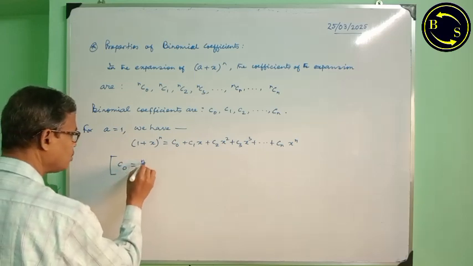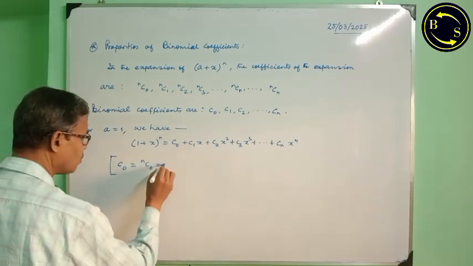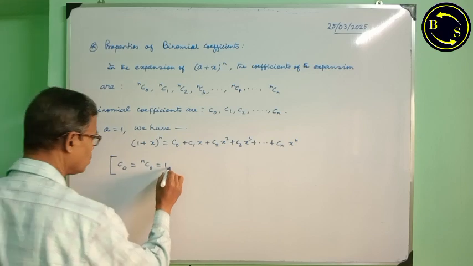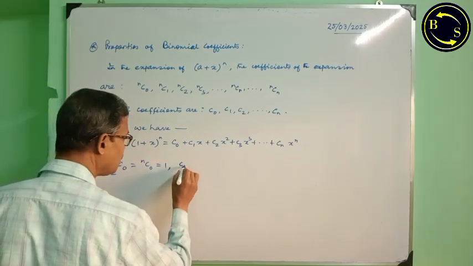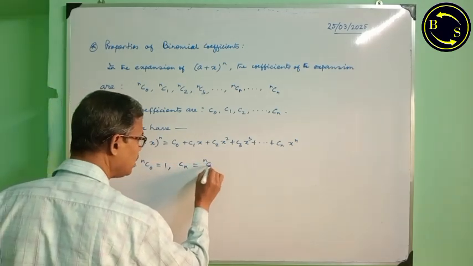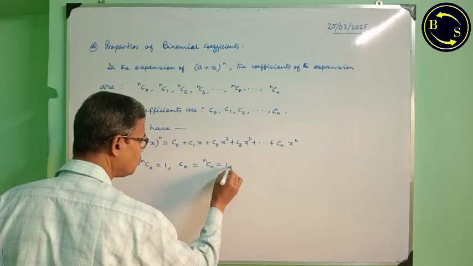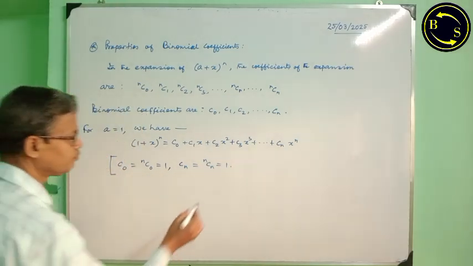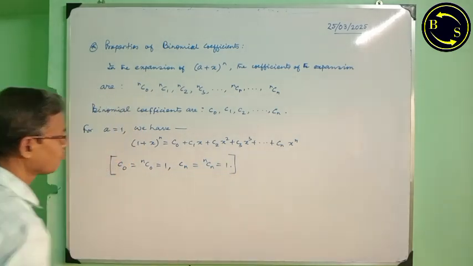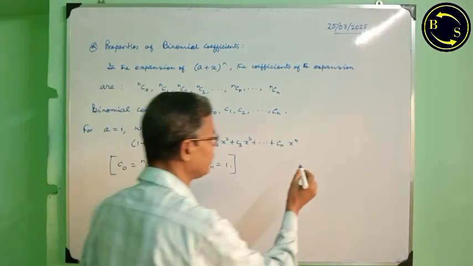C0 is nC0, that is equal to 1. Cn means nCn, that is also 1. Now this is an identity.